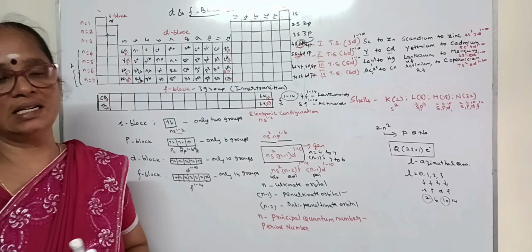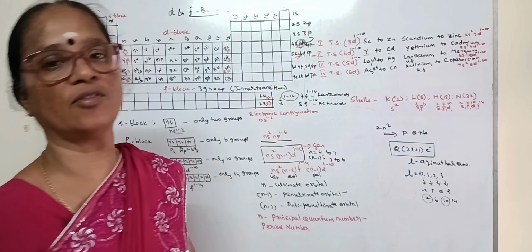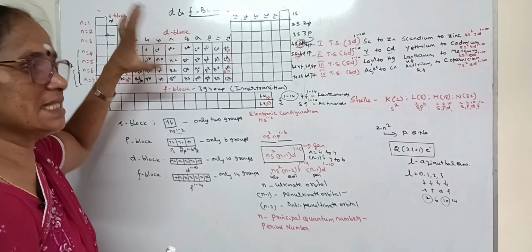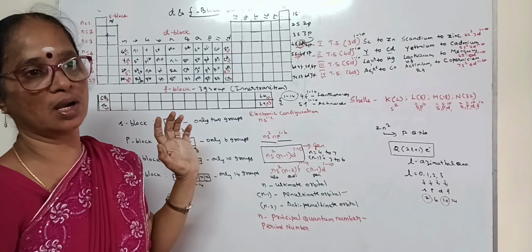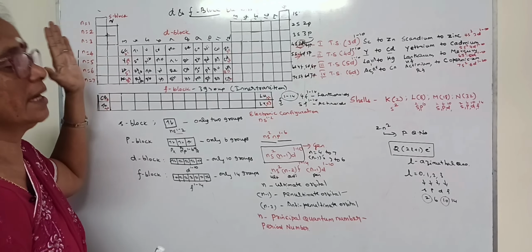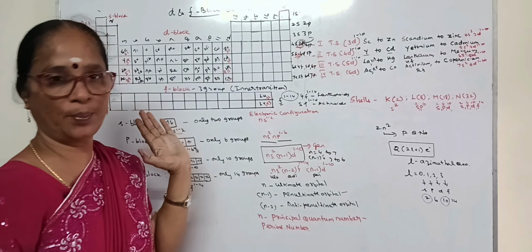What are called transition elements, and where are they positioned in the long form of the periodic table? The D block is kept just in between the S block and the P block. So the properties of S block elements get transitioned over the D block and go to the P block.